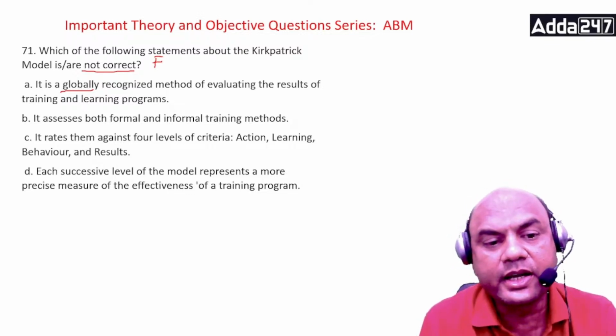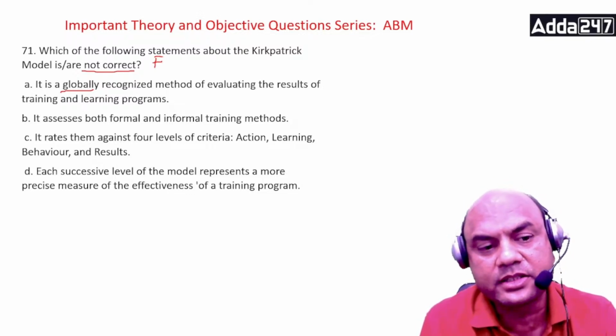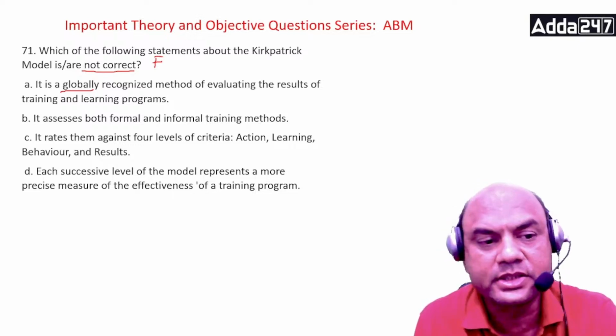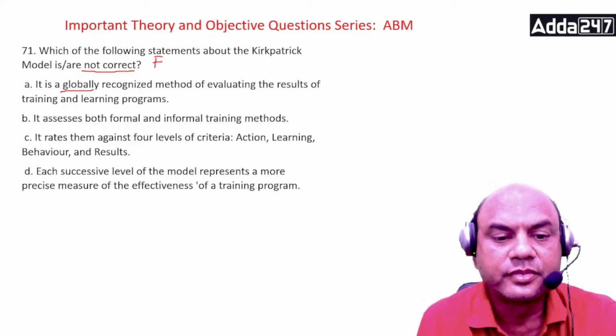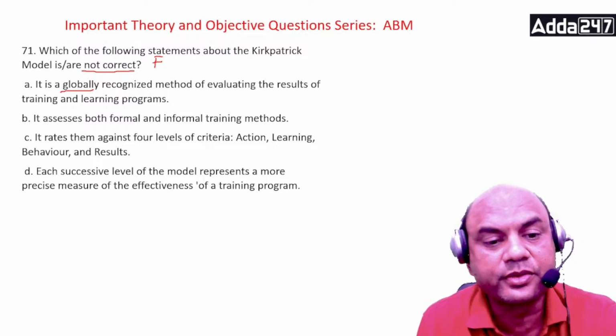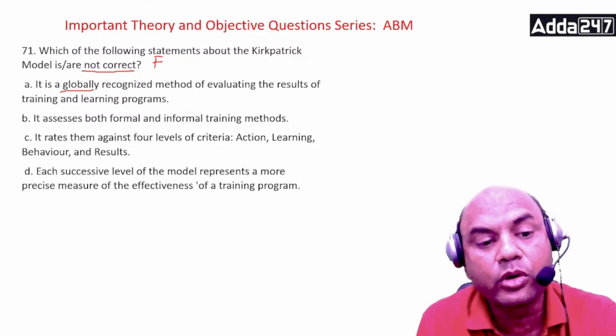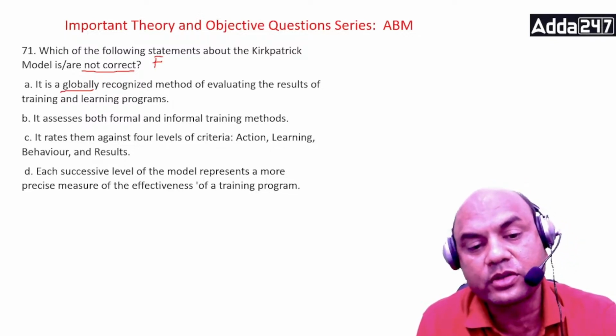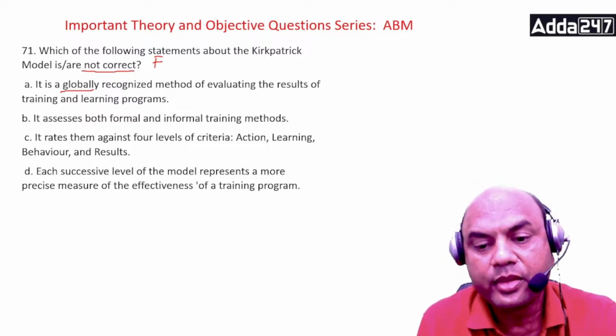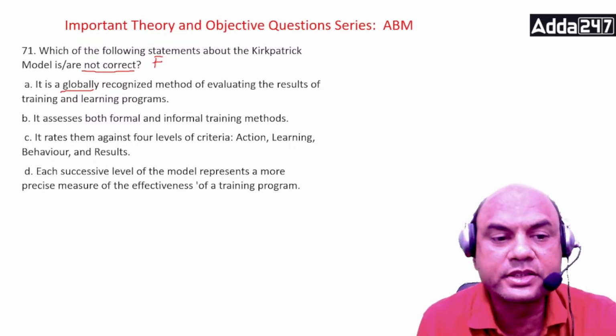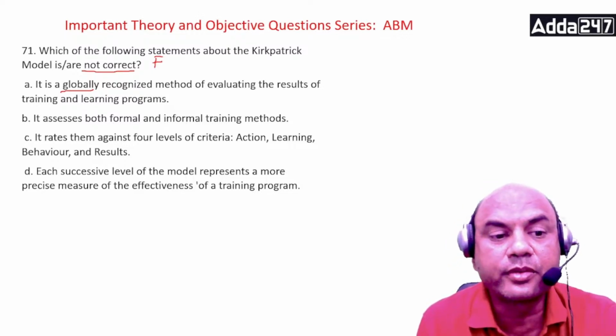It rates them against 4 levels of criteria: action, learning, behavior, and results. And each successive level of the model represents a more precise measure of effectiveness of a training program. So it represents a more precise measure. What do you think now? Which one of them may be correct, may be false?